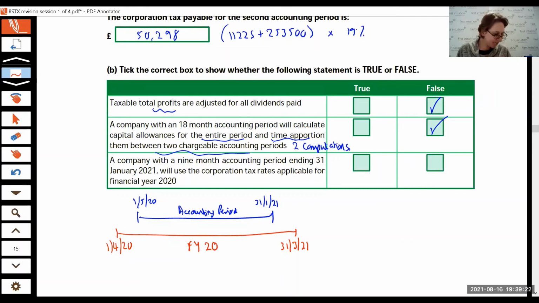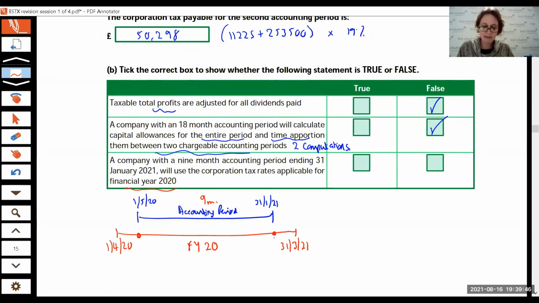So my financial year, the reference material tells me, starts in April and ends in March, whereas my accounting period starts on whatever date the question tells me and ends in this case in January, and that, of course, was a 9-month period. So I can see now, in terms of the overlap, does this whole period fall into this whole financial year 2020?